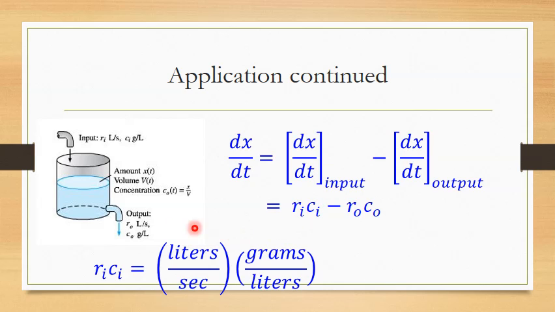We want this to be, say, grams per time. A flow rate is the amount of volume, or liters, coming in per unit time. A concentration is the amount of material, or grams of material, per unit volume, or liters in this case. So these liters cancel and you get grams per second, and that's exactly what we want here.